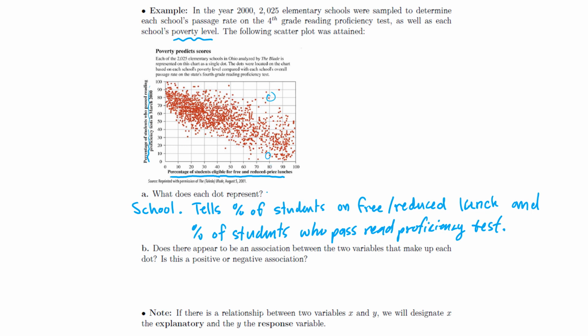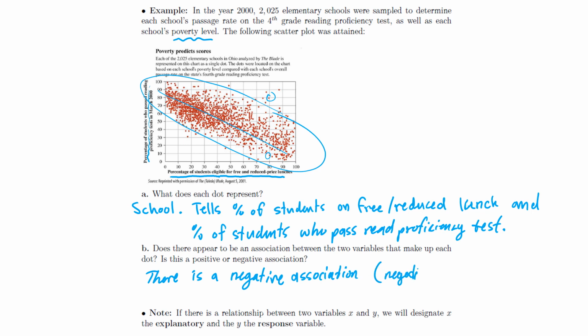So there's lots of variety, but if we can establish that there's a definite pattern to the data, and in this case the pattern, if you draw a line through it, which later on we will, would be a line with a negative slope, then we can say there is a negative association. And that's because of the negative slope.